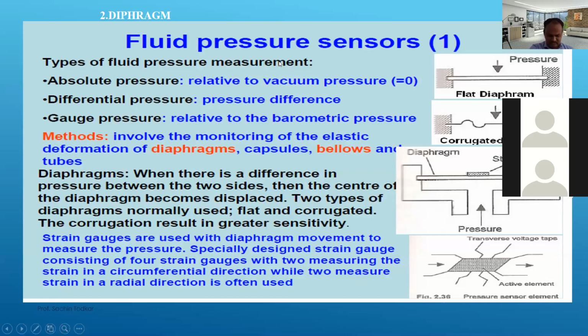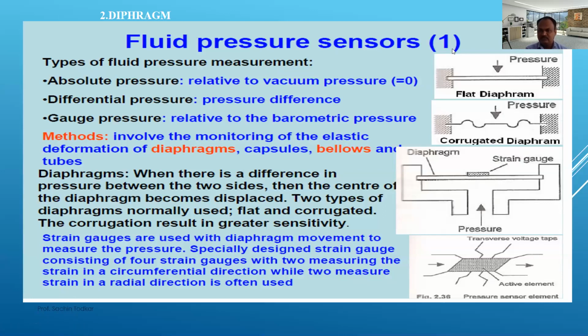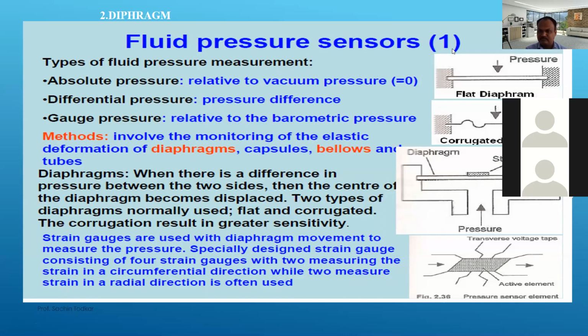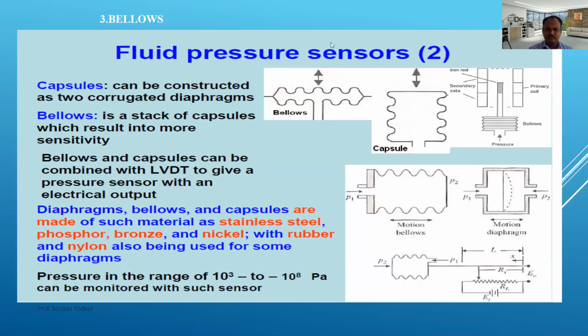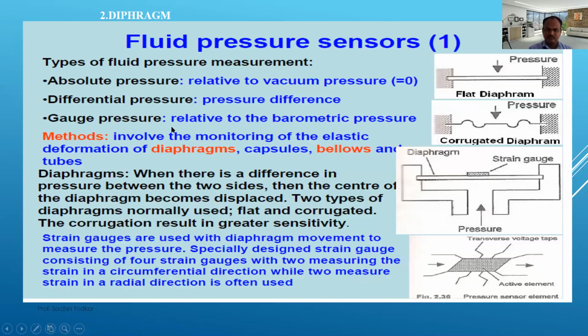Now, the next is the fluid pressure sensor. Types of fluid pressure measurement: absolute pressure, differential pressure, and gauge pressure.